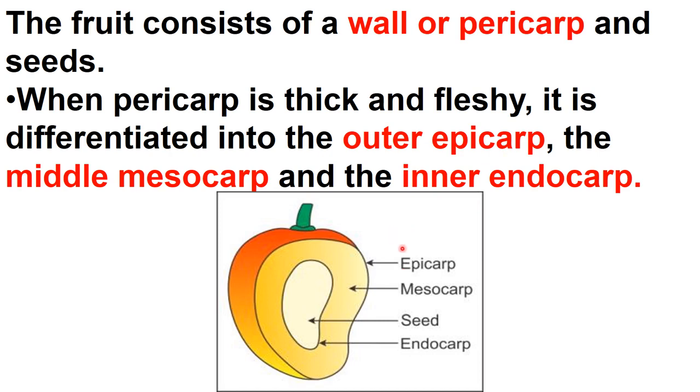Below the epicarp there is the mesocarp, which is the edible part of the mango that you eat. So the part of the mango that you eat is the mesocarp, that is the fruit wall, right? And the hard layer just above the seed is the endocarp, and inside that endocarp, the seed is protected.